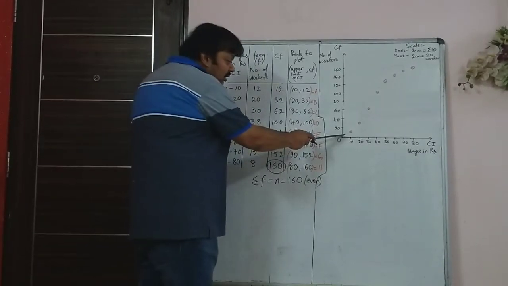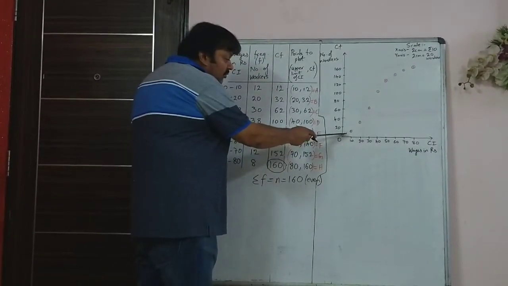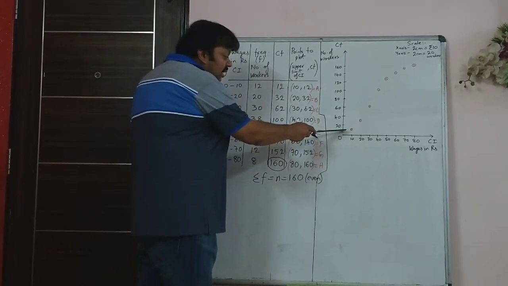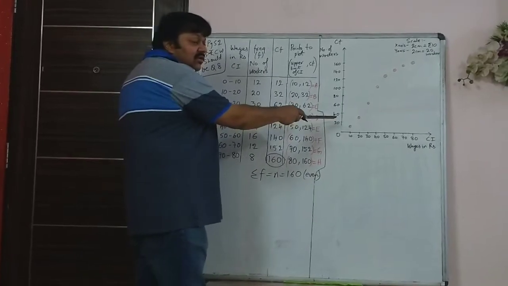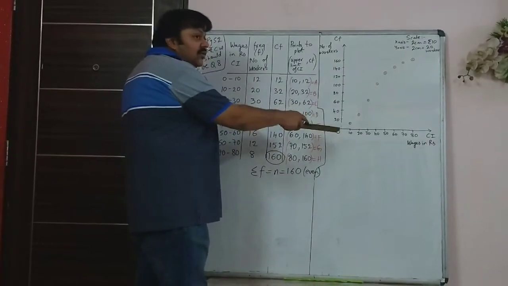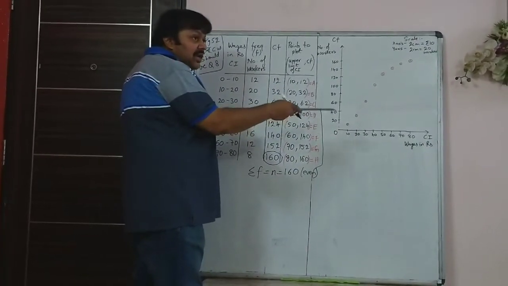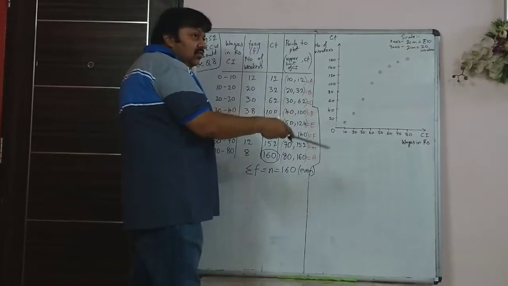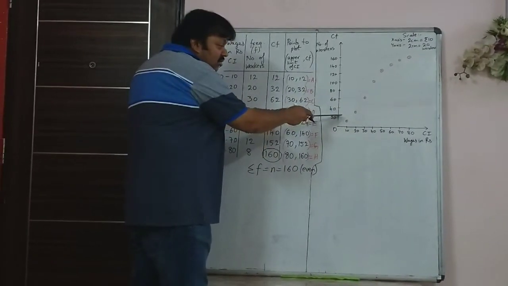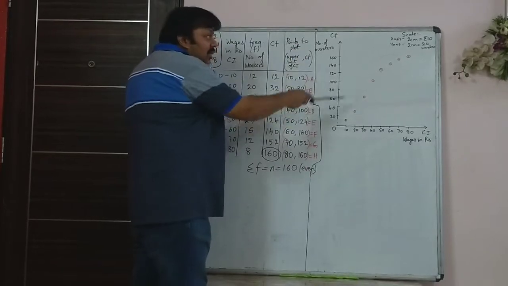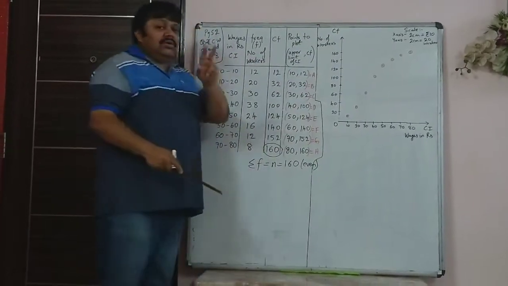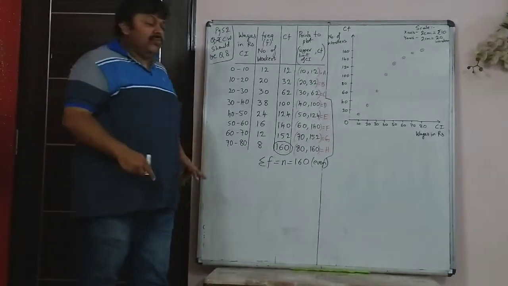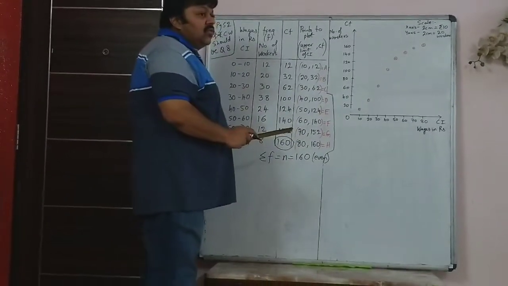So one small line is 2, the next one is 4, 6, 8, 10. 10 will happen exactly at the center of 0 and 20. Then 12, 14, 16, 18, 20, 22, 24. So each small line in this particular scale on the y-axis represents 2 workers.